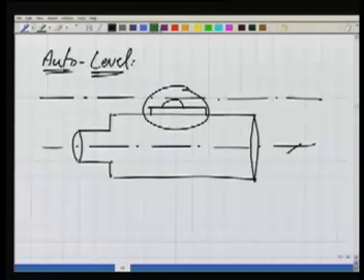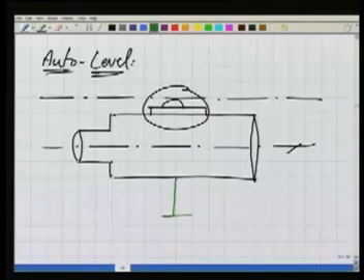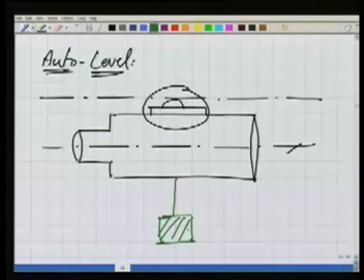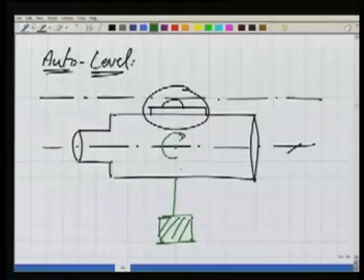Let us say I suspend a very, very heavy load at this point, and over here at this point we have a hinge. So my level or this telescope is free to rotate. Now this load is attached to the body of the telescope.